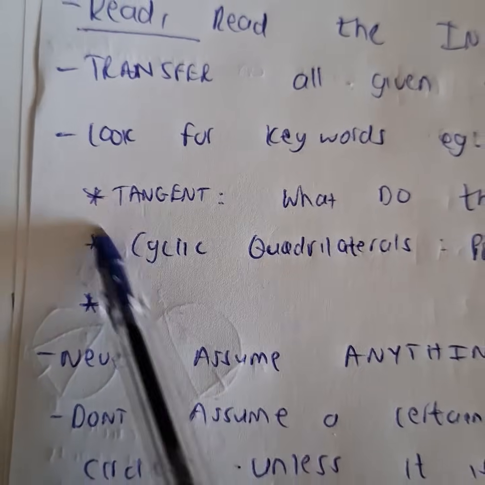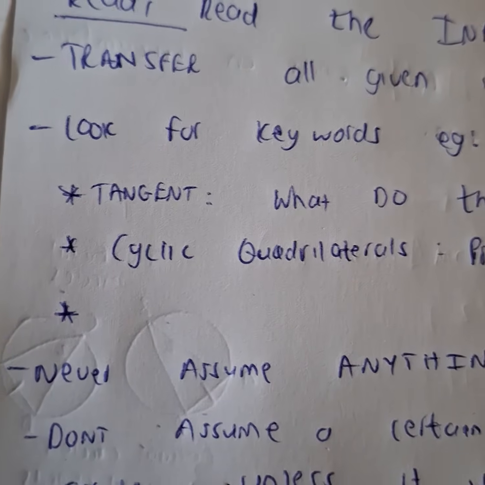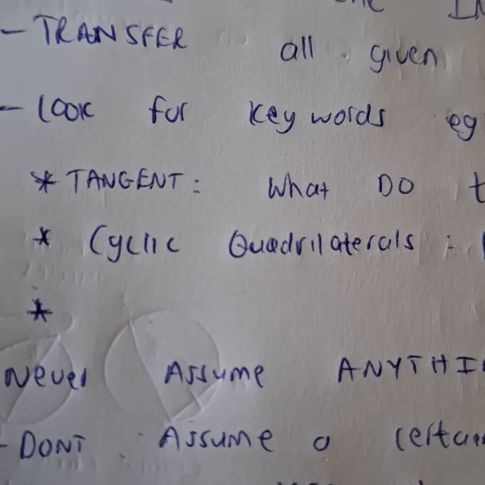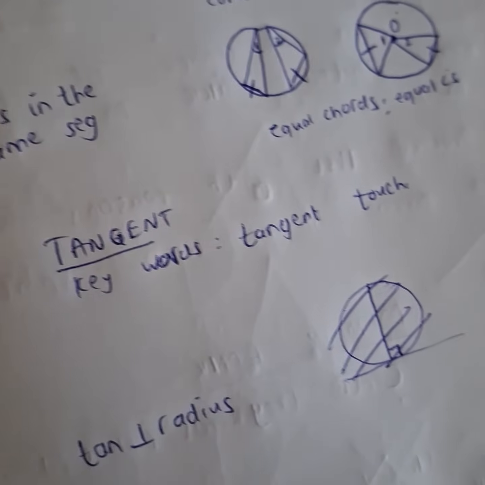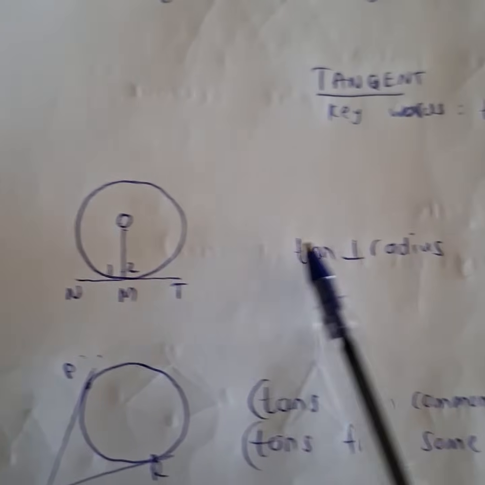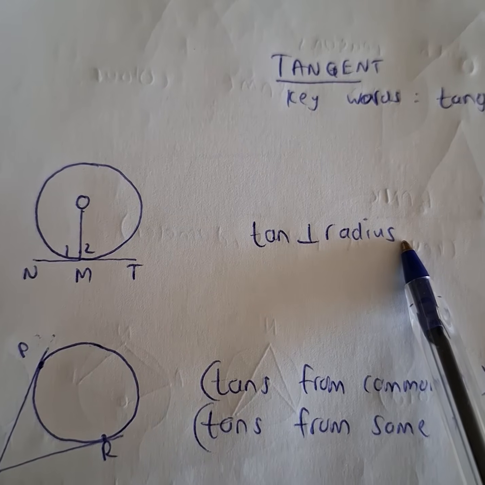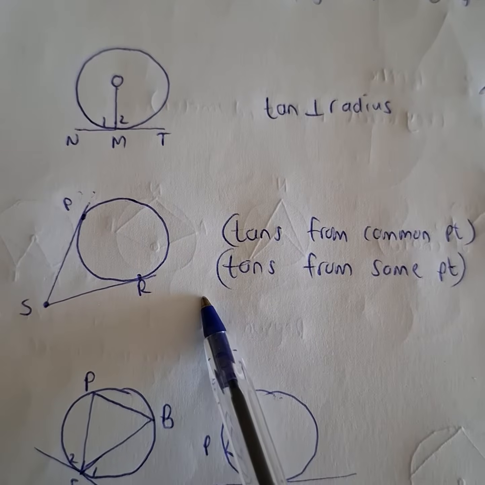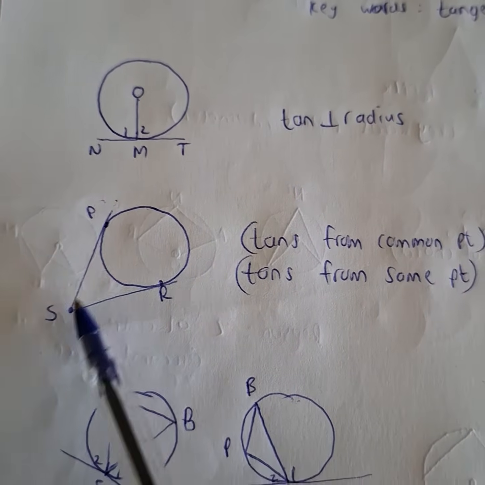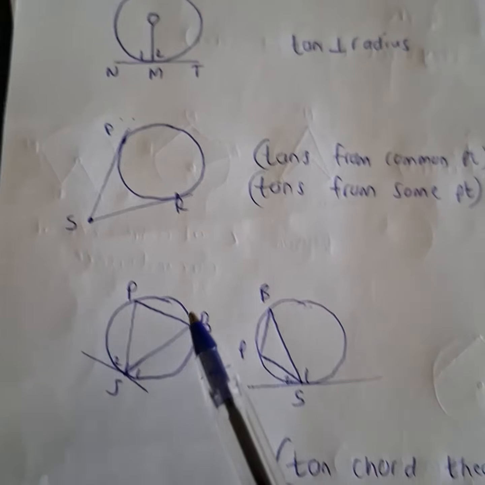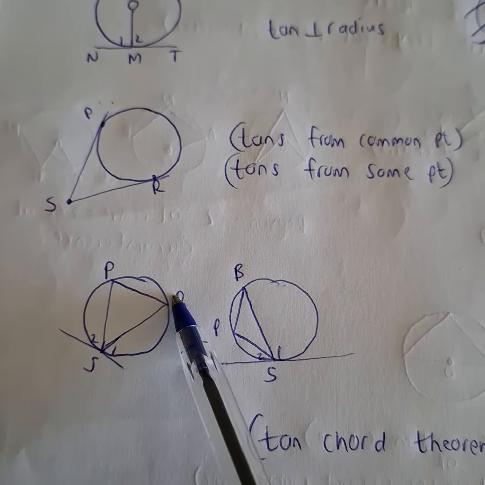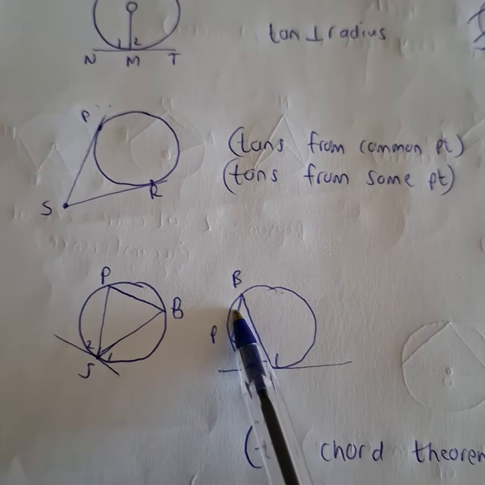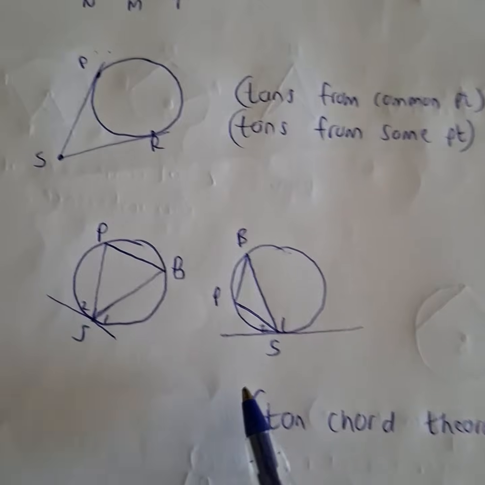Example, the word tangent, all right? The word tangent should remind us of the theorems that we have done. So for instance, the minute you see the word tangent, you should be able to call to memory: tangent perpendicular to radius; tangents from the same point are equal; and the tan chord theorem.